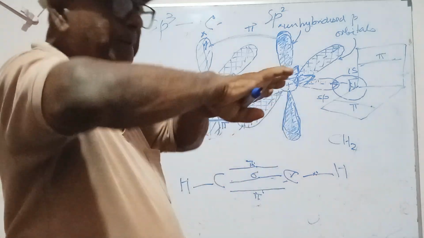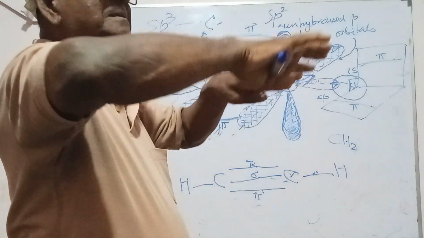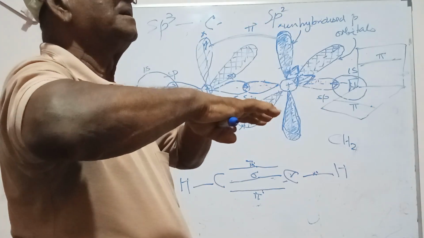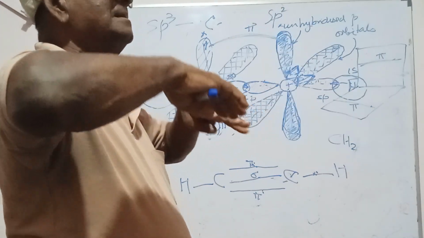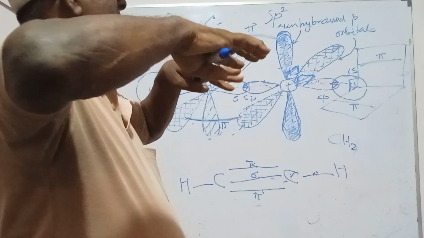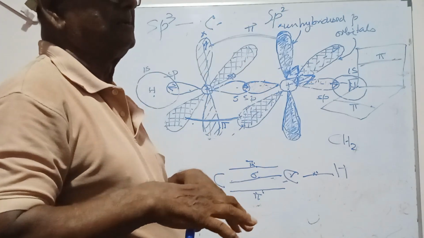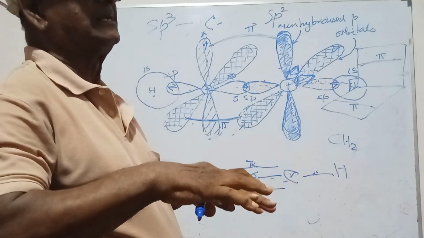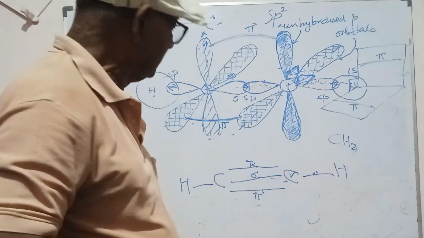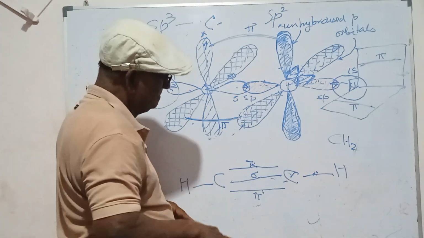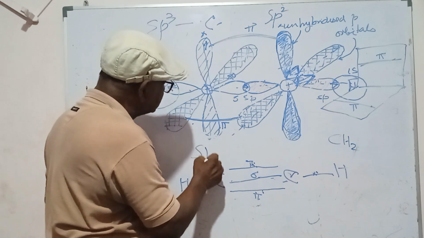It is planar, triangular, and has the shape trigonal planar. This is sp hybridization.